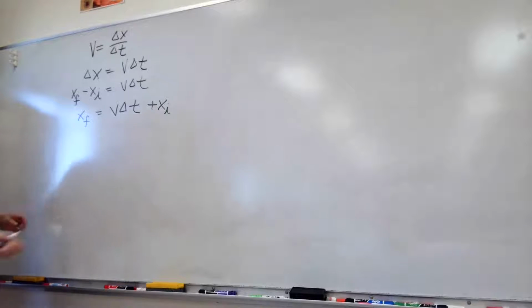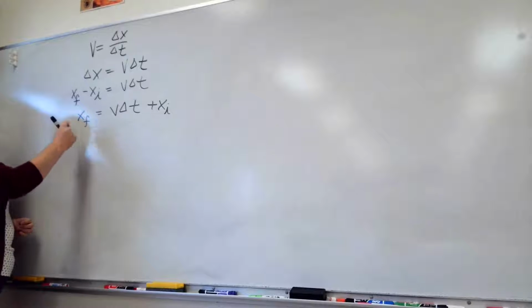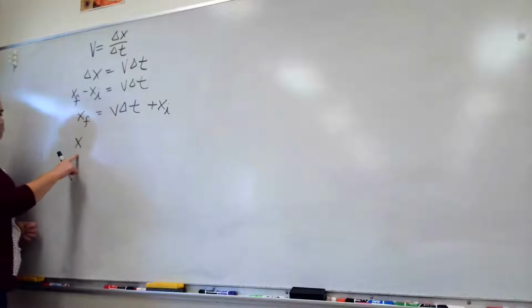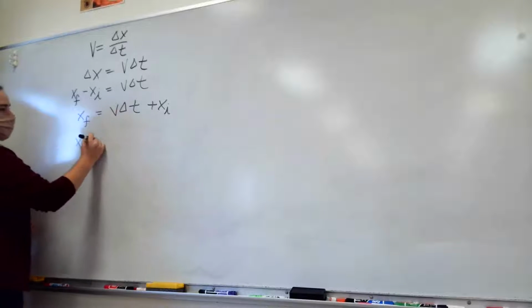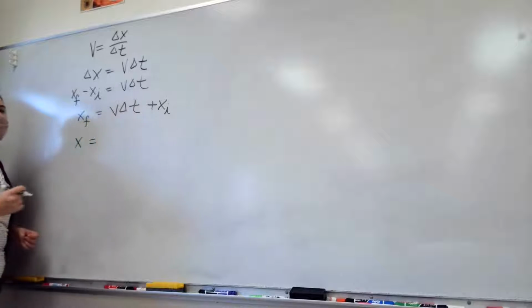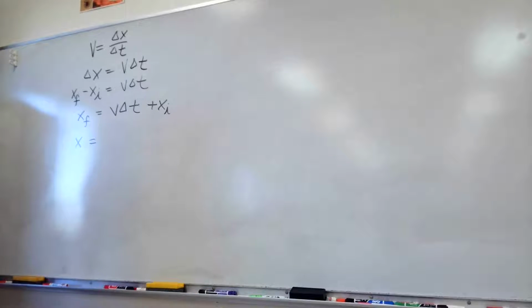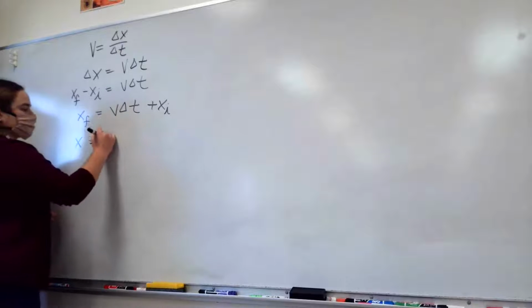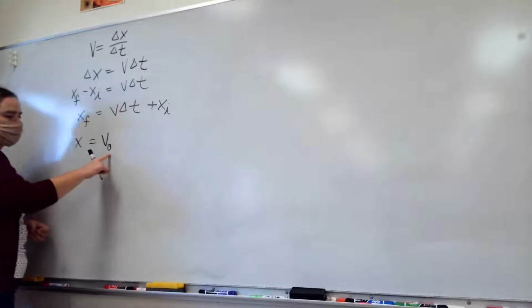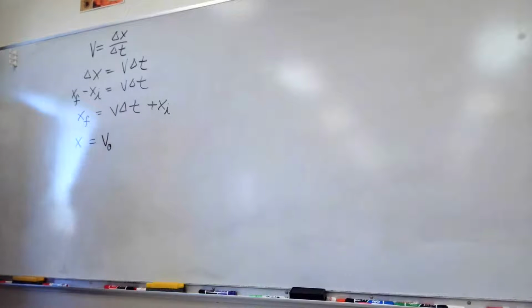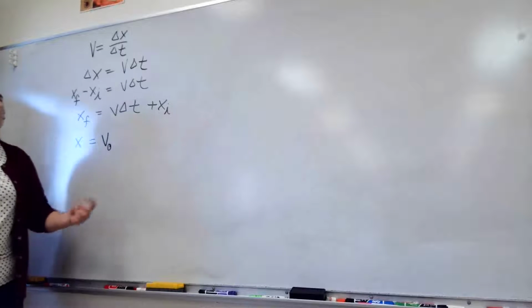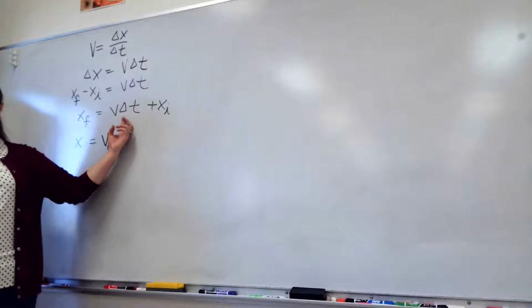So we want to move this to the same sort of notation that we had before. Okay? So we're going to drop the f on the x. So we just have x as our final position. Our velocity, because we are actually going to start adding acceleration in here, we do need to specify that this is our initial velocity here. So we're going to use the same notation we did before. Put the little 0 down here. So this is v naught, or our initial velocity. We are going to drop the delta t.